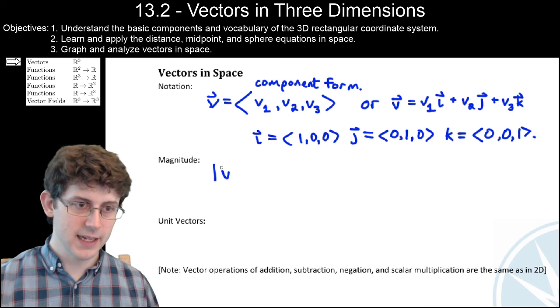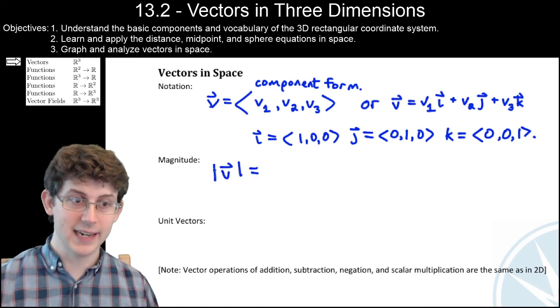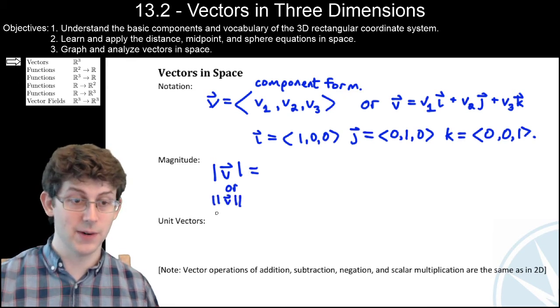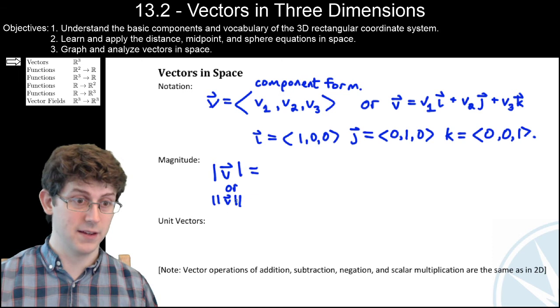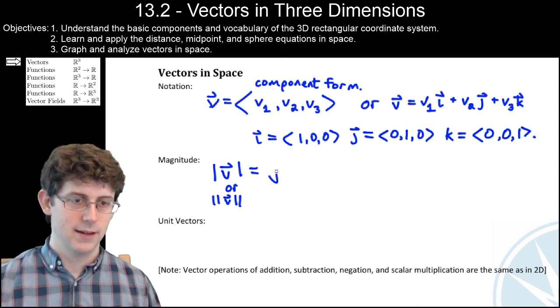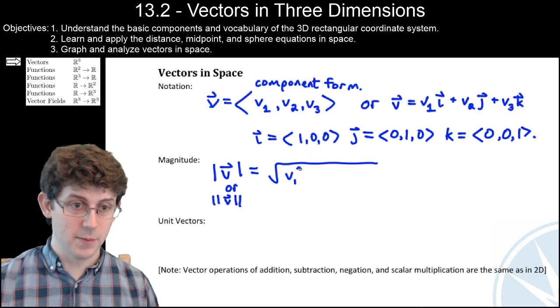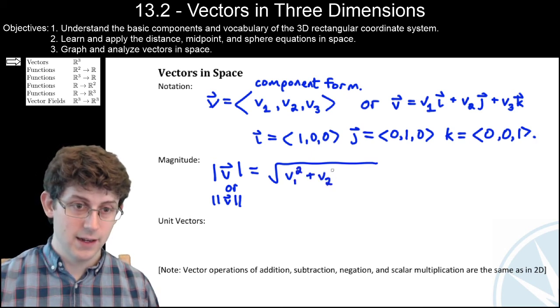Anyway, our distance formula tells us that to find the magnitude of a vector, which you can write with an absolute value bar, or if there's other absolute values around and you want to be careful, you can write it with double bars, is, well, same deal as with 2 dimensions. You square all the components, add them together, and take the square root.